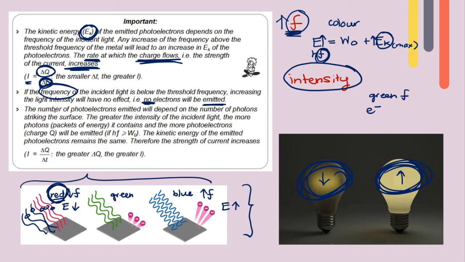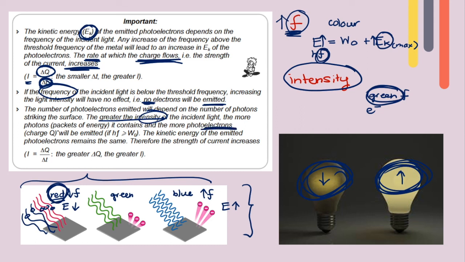So when there's a greater intensity, if we have green light, so these electrons require green light, and we are shining green light, but we increase its intensity, what will basically happen is that more electrons will be emitted.